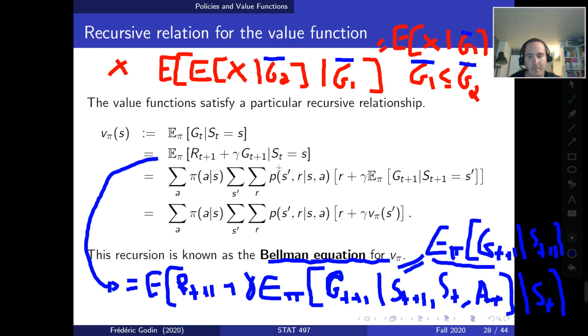Okay, so here, this conditional expectation of G_{t+1}, we can rewrite it as the expectation given S_t of the expectation of the return given S_t, but also A_t and S_{t+1}, so given more information.